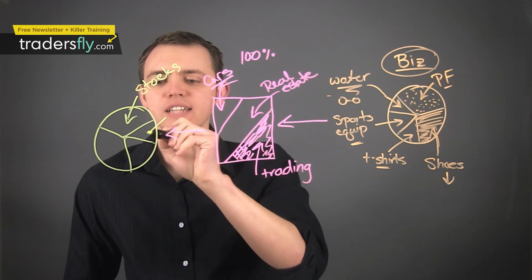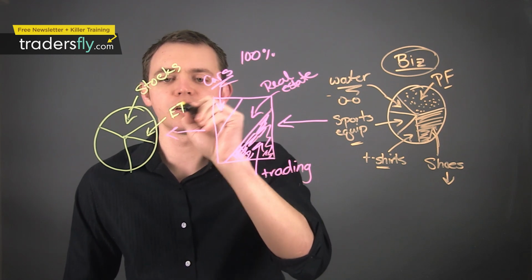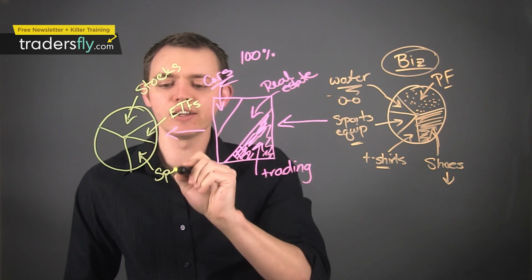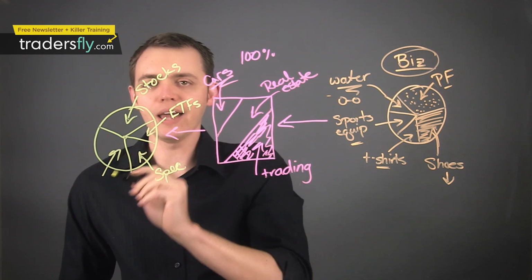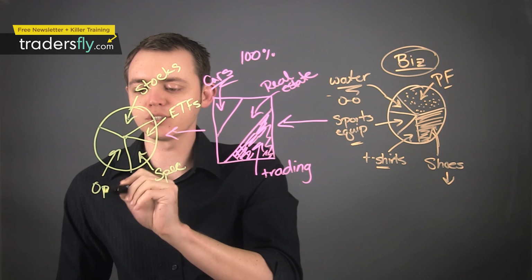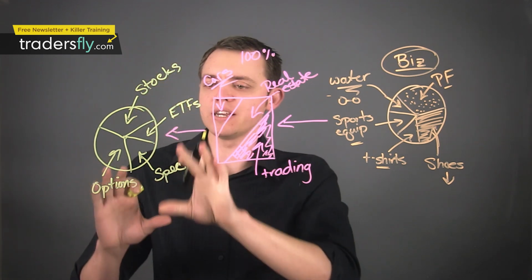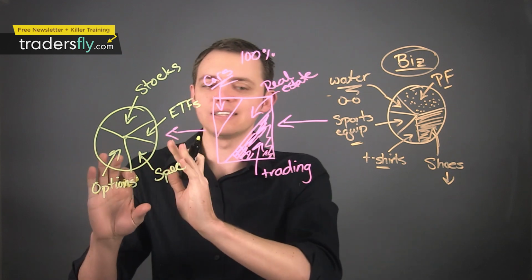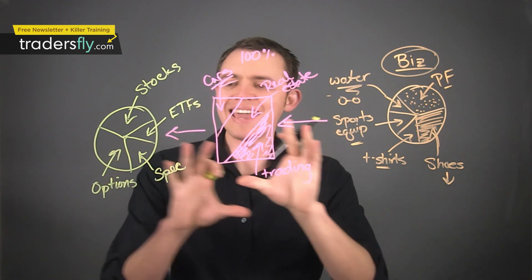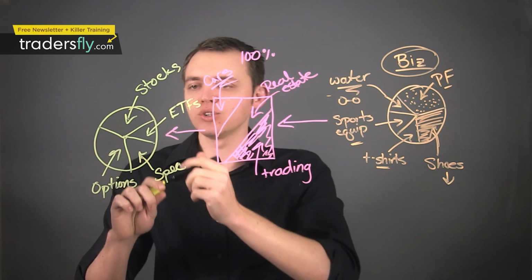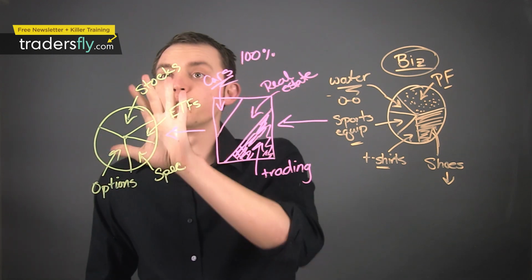You could have this area that's ETFs. From this ETF section, you might also have speculative plays. And in here, you might have option trades or futures. So you'll have a lot of areas right now that, again, start breaking things down. It's kind of like going from the 80 to the 20 and zooming in further.